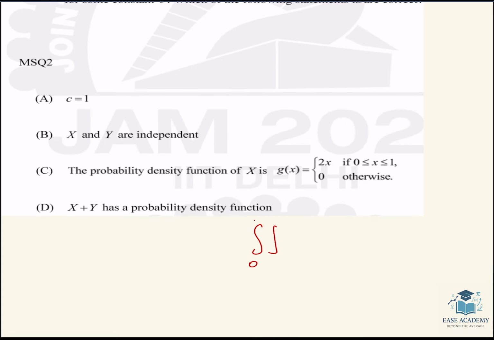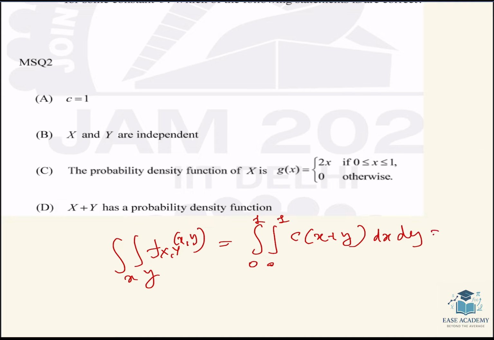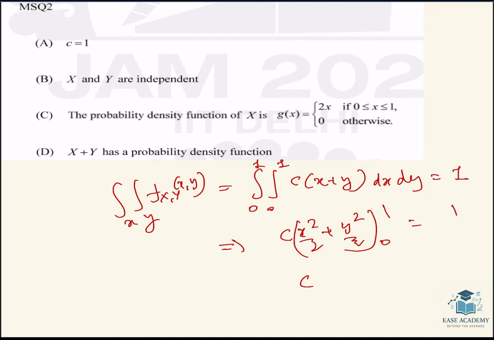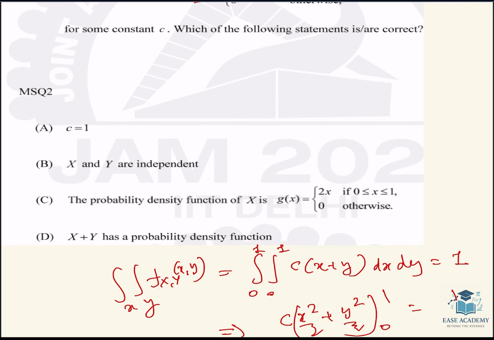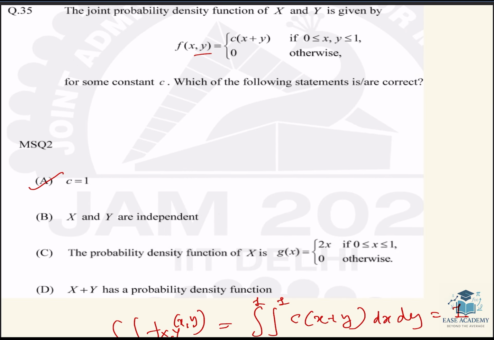So this is from 0 to 1, this is from 0 to 1, x and y, c(x plus y), that is f(x,y), integrating over the whole range, we'll get 1, that is c times (x square by 2 plus y square by 2) from 0 to 1, we get 1, so c is equal to 1. That means option number A is correct.